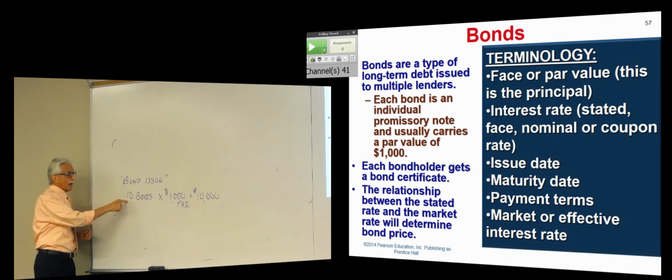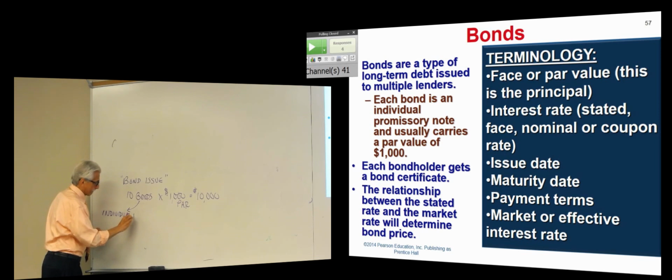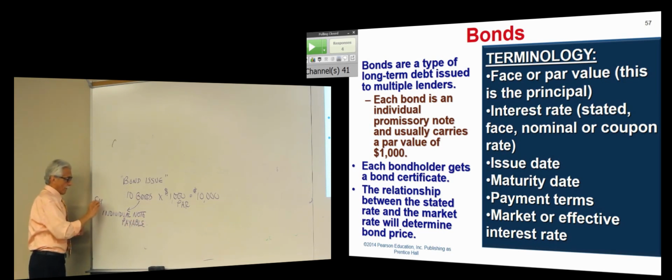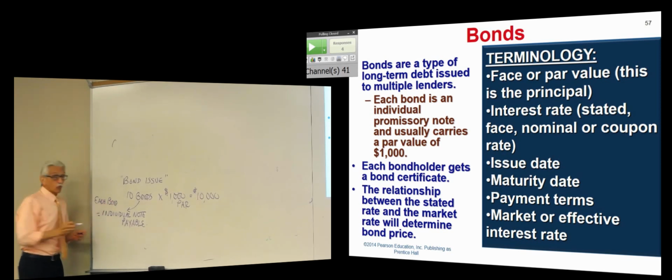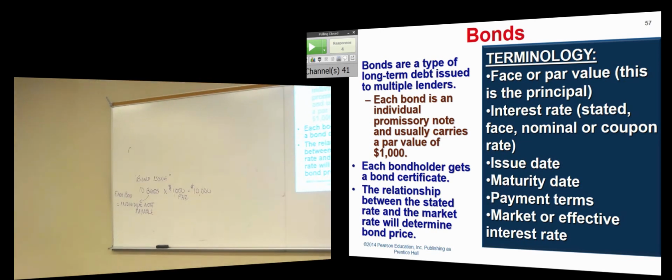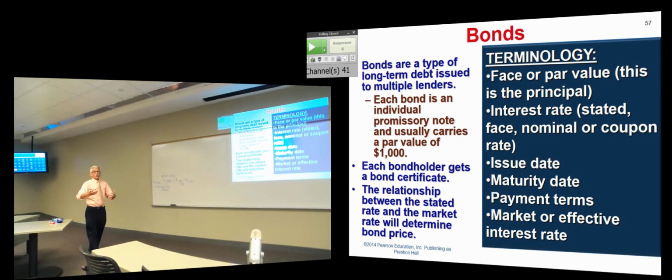Each one of these bonds is an individual promissory note. Each bond is like an individual note. So rather than going to the bank and borrowing 10,000 on one note, you go into the market and you issue bonds to bondholders.